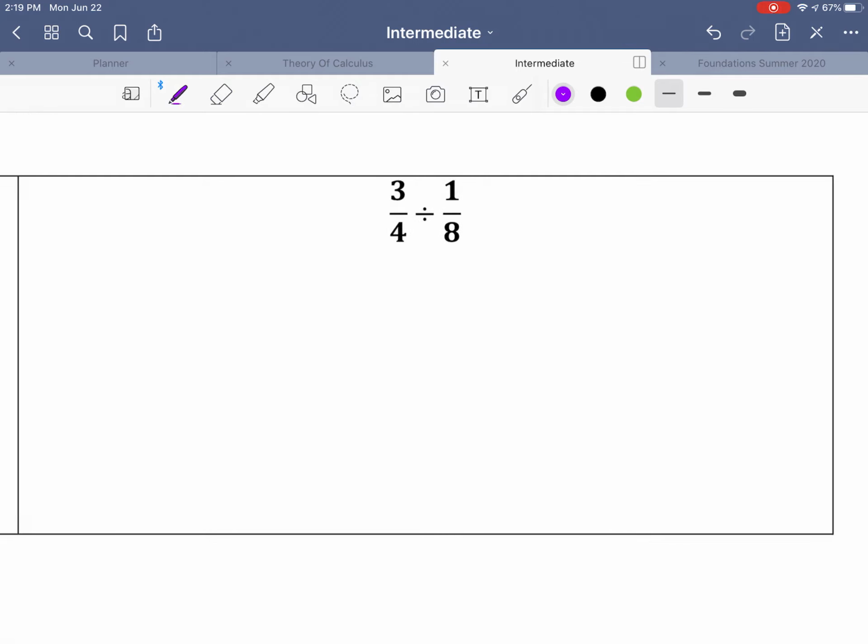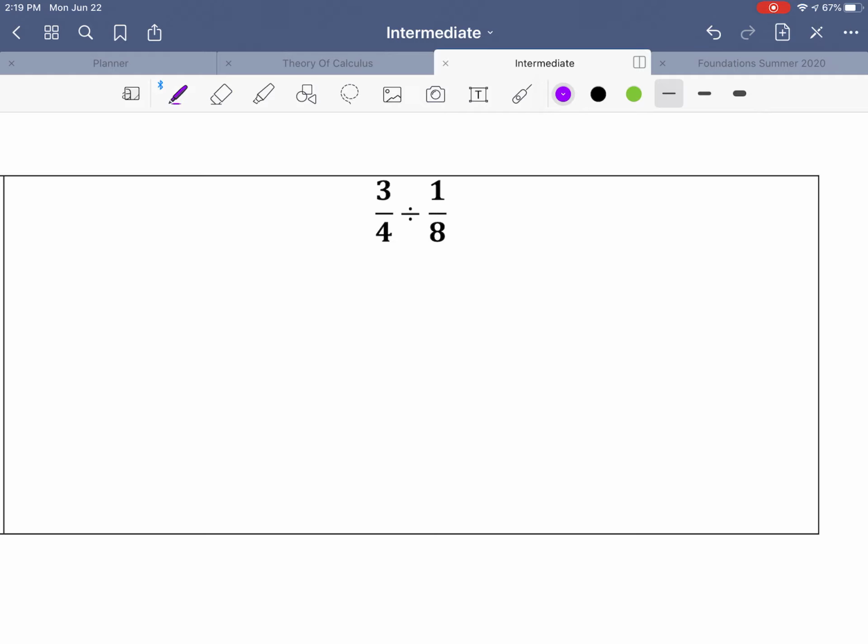And then when you divide fractions, you have this rule that you might remember. You flip the second fraction and multiply.